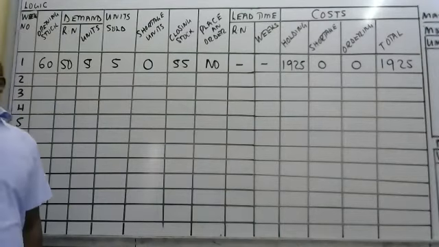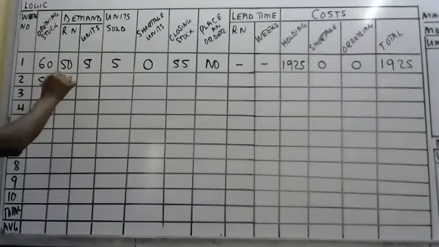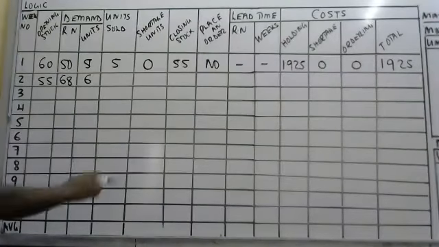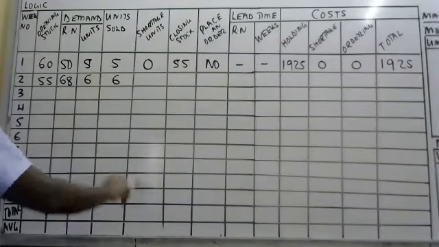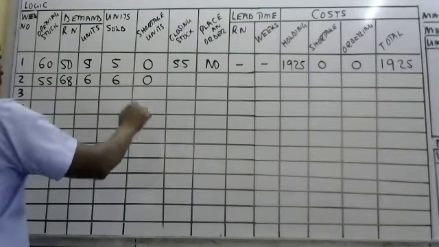We got week number 2. We open with how many units? 55. Good. Give me the next random number. 68. Checking in Monte Carlo, those are how many units? Those are 6. So how many units do you sell? 6 also. Shortage is 0.